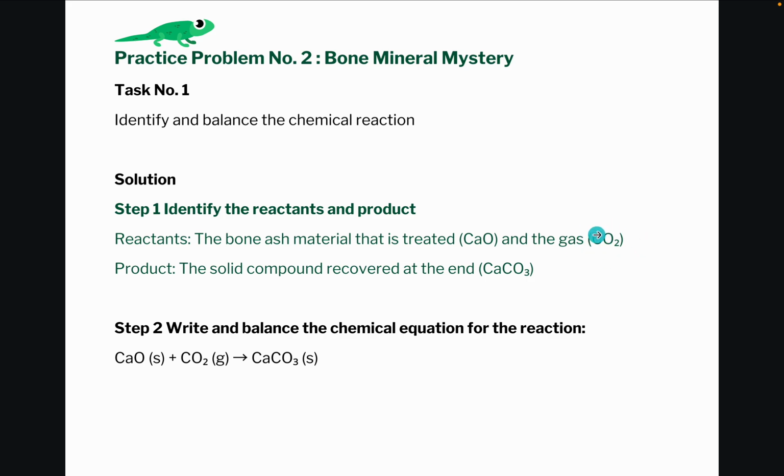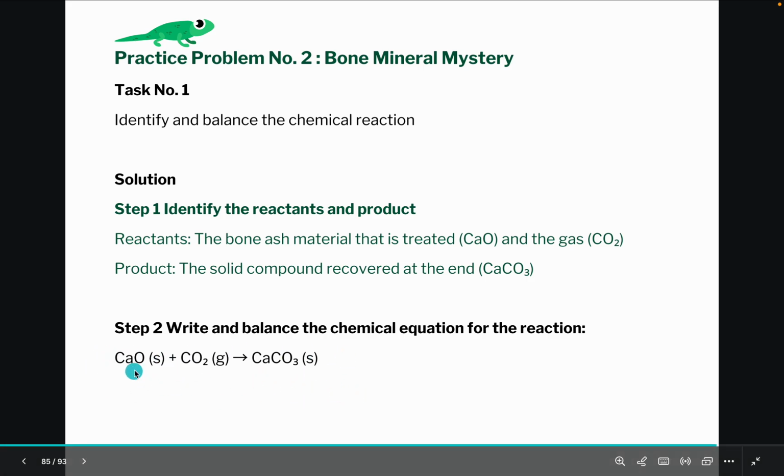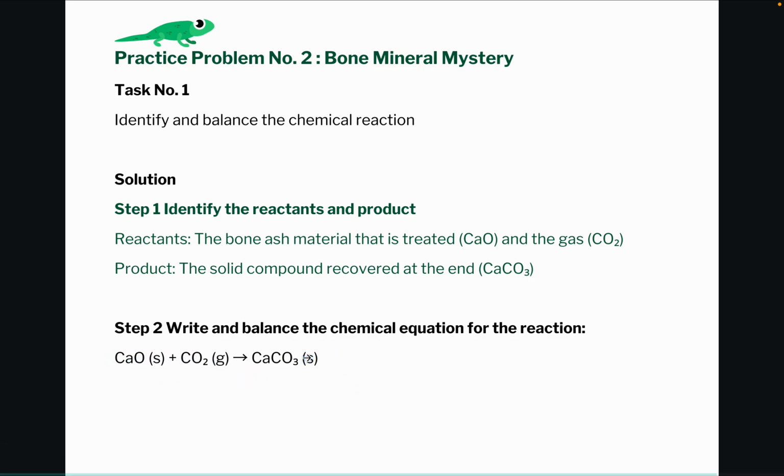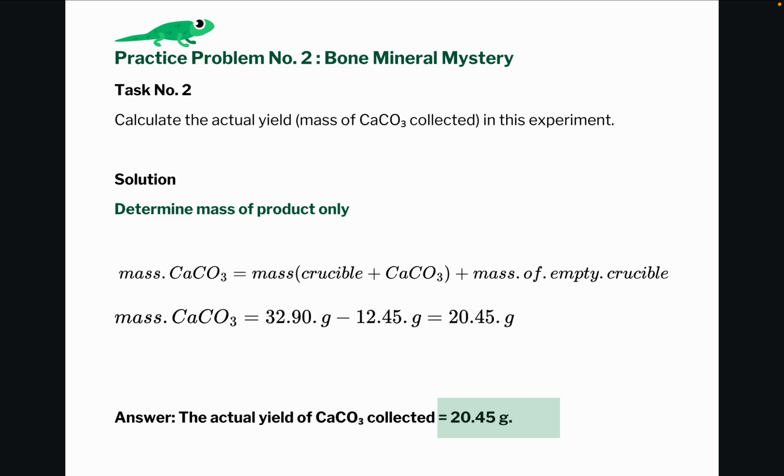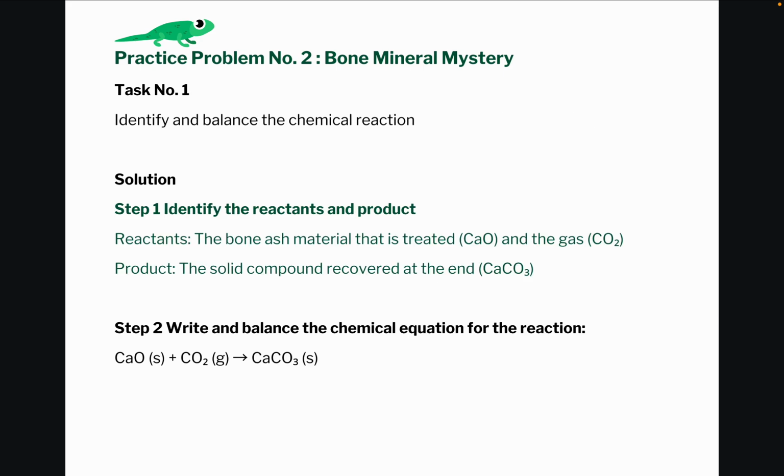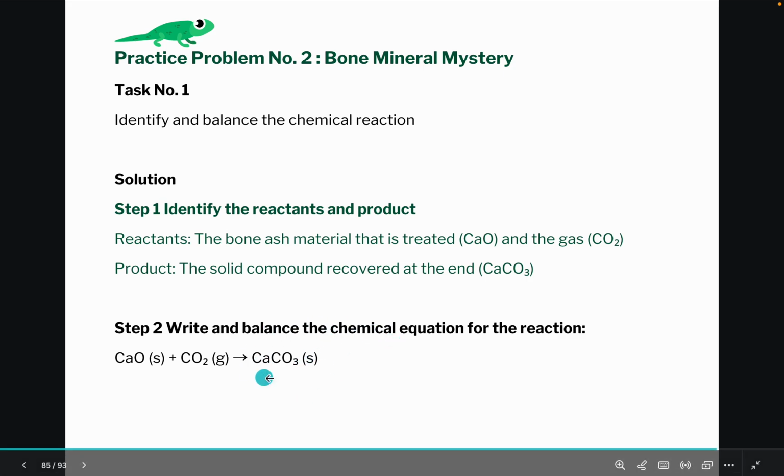So we'll probably need equipment for this, or we'll need to control our environment in order to obtain our product, which is a solid compound recovered in the form of calcium carbonate. The chemical equation is already balanced, so no further coefficients are added. By the way, this is a combination reaction, or a synthesis reaction, because two reactants combine to form one product.